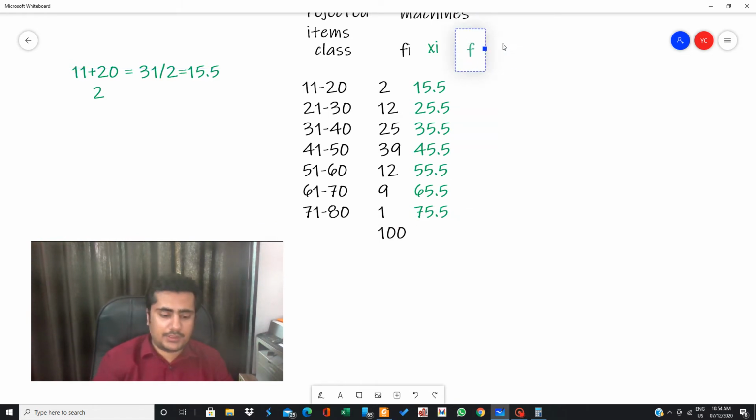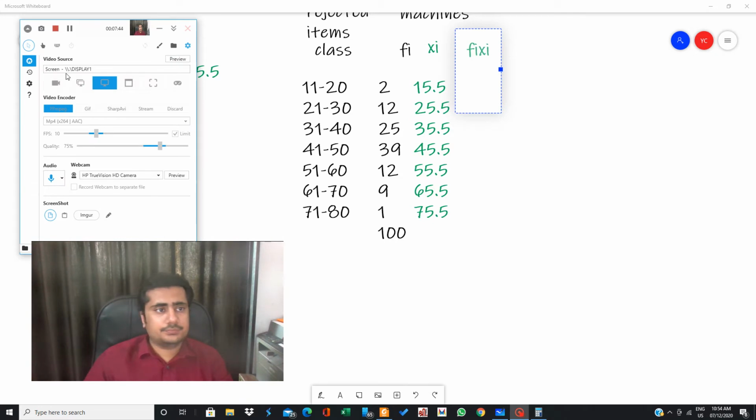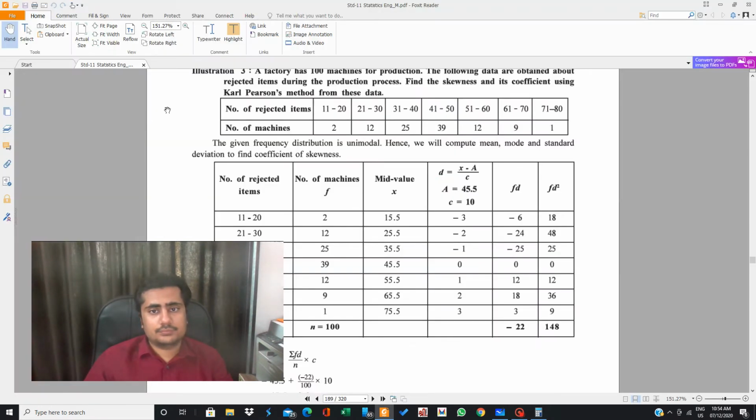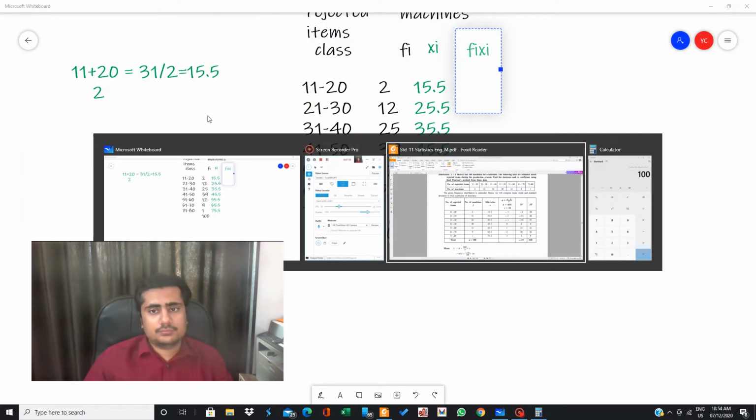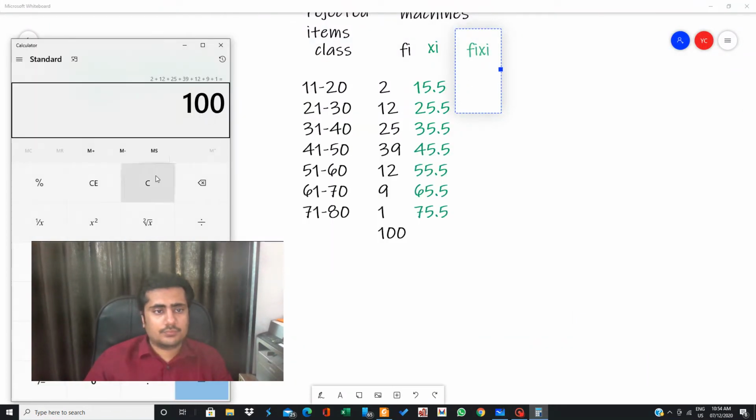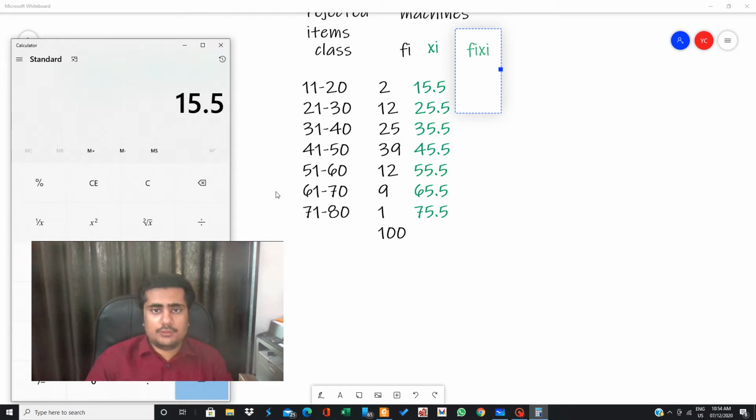Then let us find fi xi. Take your calculator with you. 15.5 into 2, 31.